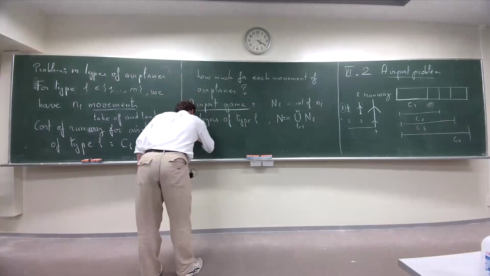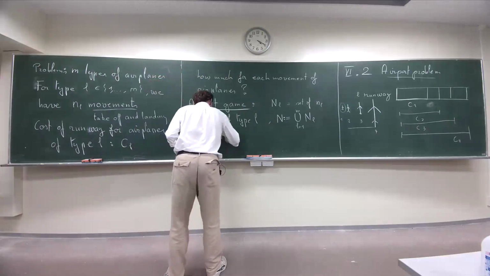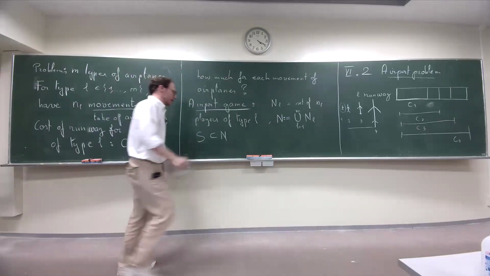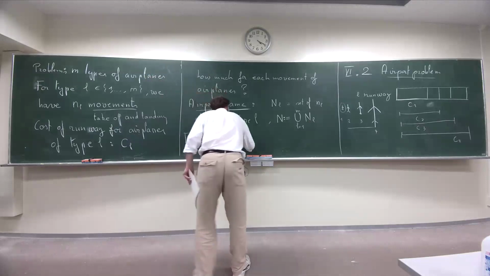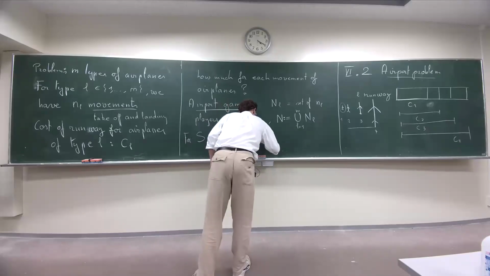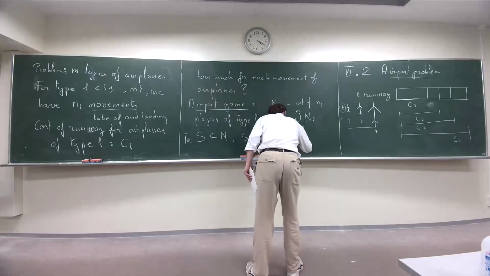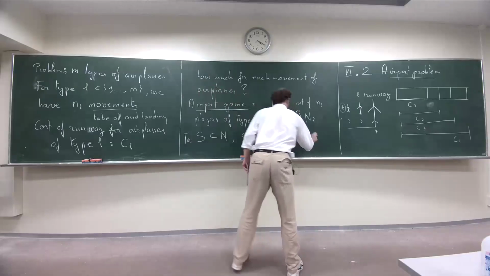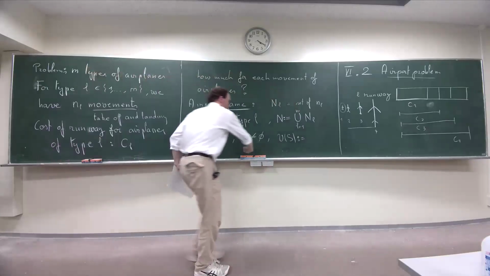What is S? S is any subset of N, as we have seen. And I'm going now to set the V of S. What is the cost for a coalition? Now you need to think for a second.